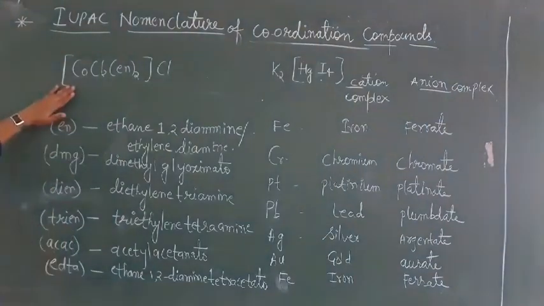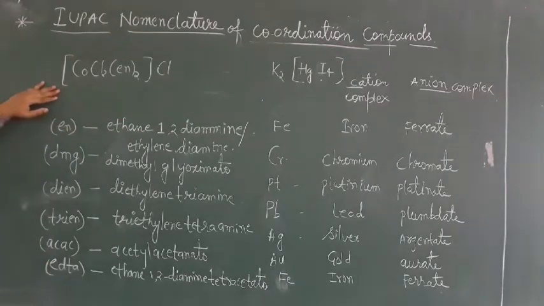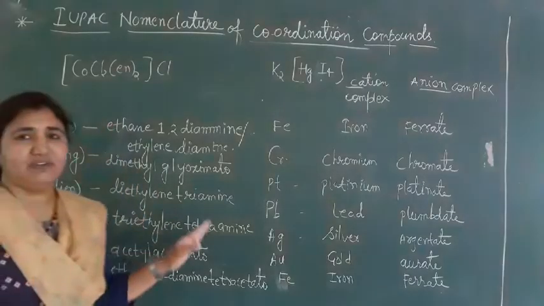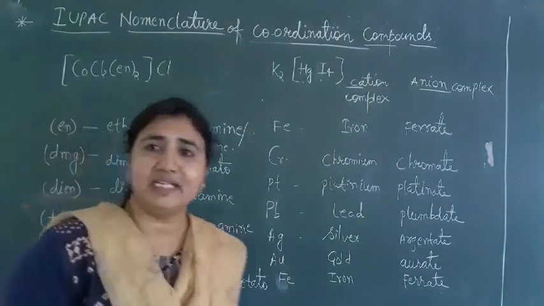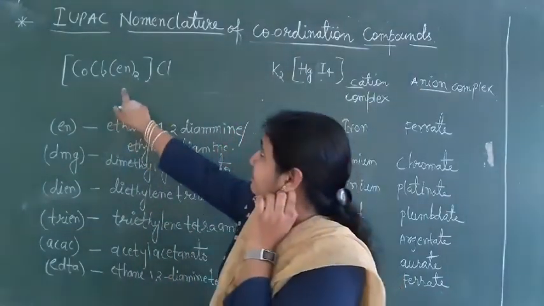So this is the cation and this is the anion. While writing the cation, if it is a coordination sphere or complex ion, what do we have to write first? First we have to write the ligands' names.